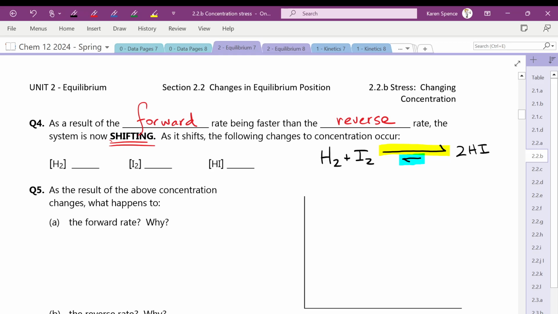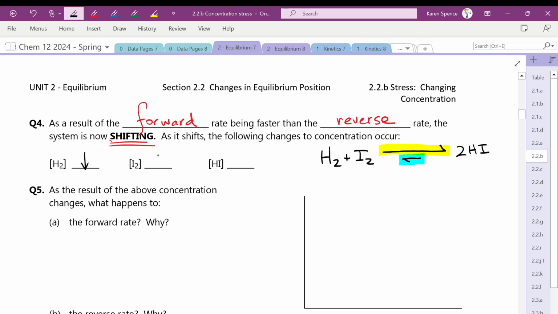Okay, H2. Which process is faster, using up H2 or making H2? Using up H2, because the forward reaction uses it up. So if we're using it up faster than we're making it, the H2 concentration is going to decrease. How about I2? What will happen to the concentration of I2?